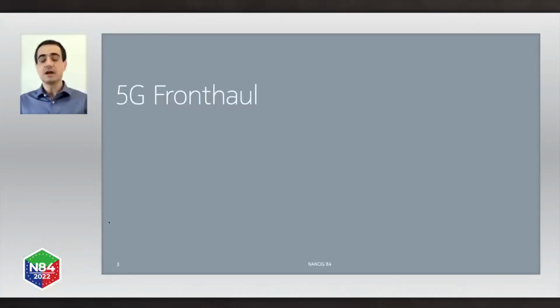The first one that I'd like to start with is fronthaul. Fronthaul is a technology that already existed in 4G. Depending on where you were in the world, it would be more or less deployed. But fronthaul was primarily created in 4G with the idea that you might have a big, large building, and you put all of the baseband processing at the bottom of the building and the antennas at the top.